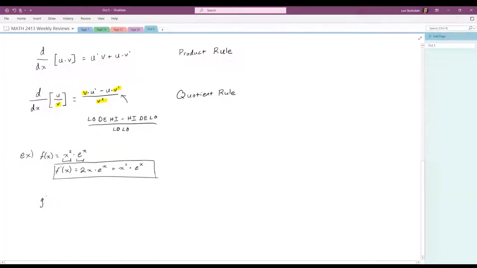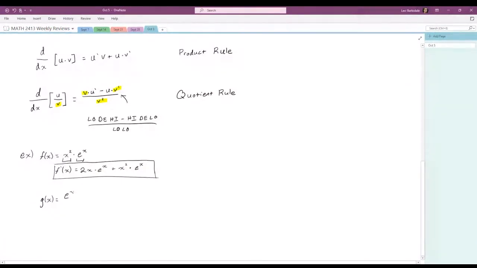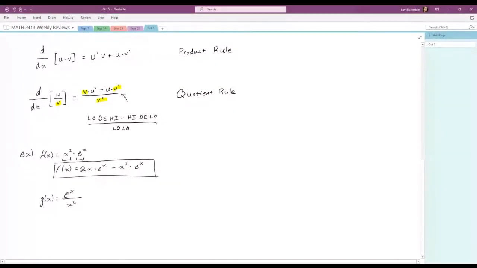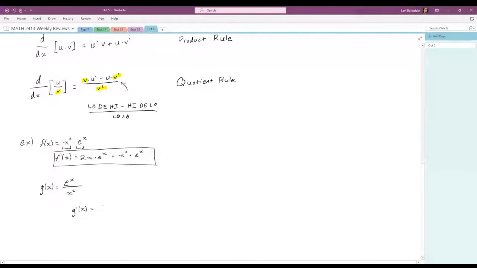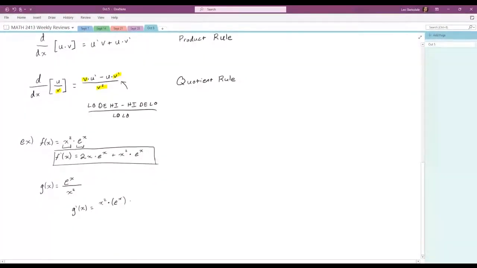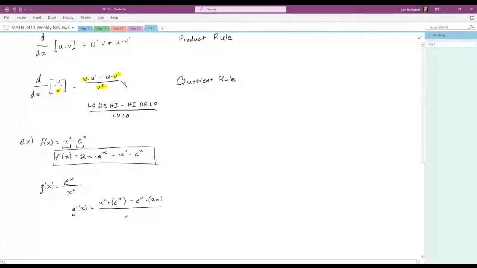Now, if we wanted to do a different problem where we had e to the x divided by x squared, in this case, we have two functions of x, and one of them is being divided by the other. So we should use the quotient rule. Well, then the quotient rule says I should take my low function, multiply it by the derivative of my high function, minus my high function times the derivative of my low function, all over my low function squared.